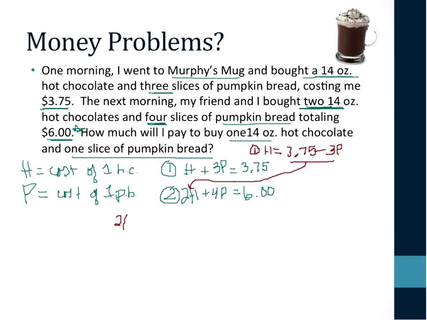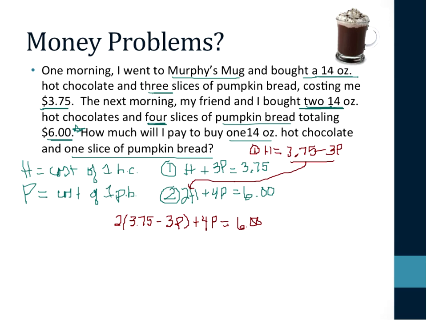So I have 2 times (3.75 minus 3p), and I'm adding to that 4p, and the total is still $6.